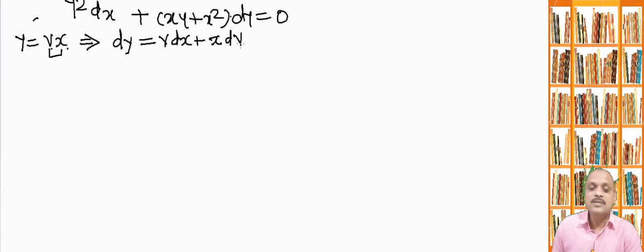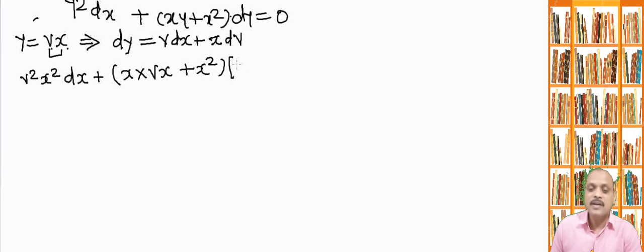Okay, so let us put this value. y square means v square into x square into dx plus x into y, what is y? v into x, plus x square into, now let us write here dy. What is dy? v into dx plus x into dv equal to 0.